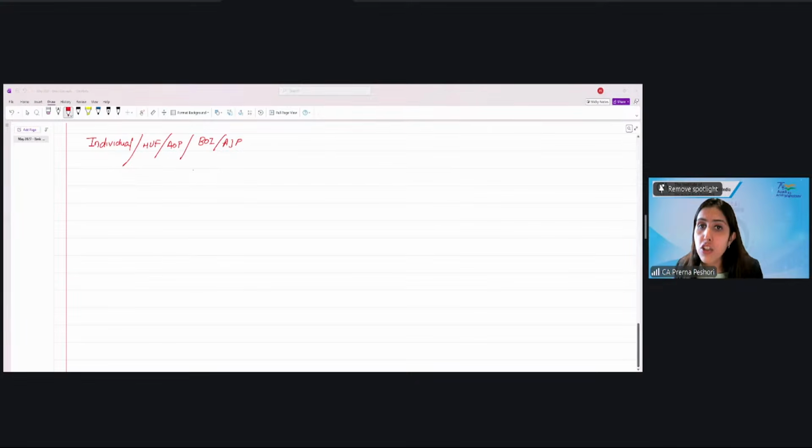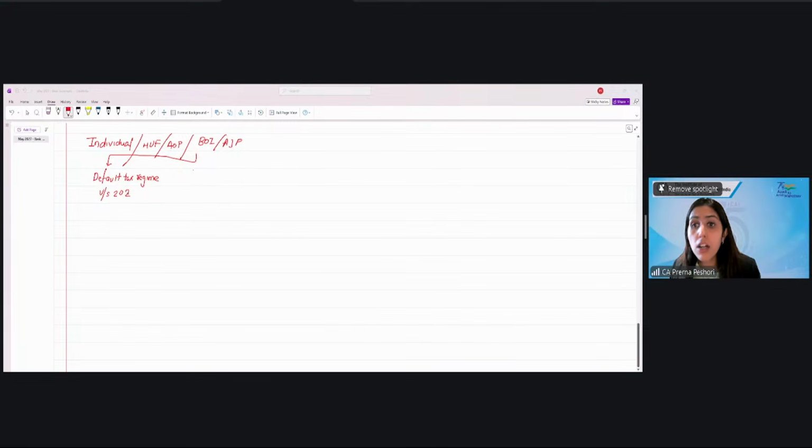There is a default tax regime applicable to them under section 202 of the Income Tax Act. So they will have this default regime if they do not opt out, if they do not exercise the option of opting out. Then in that particular case, there will be tax as per the default tax regime.